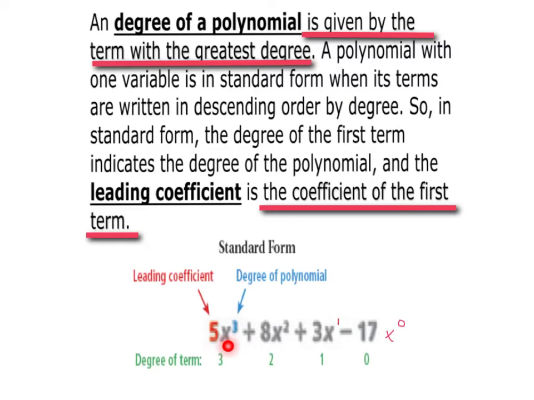So when I refer to the leading term, I'm talking about the term that's out front after you put it in descending order. Now, if you take a look at that term, the degree of that term is the degree of the polynomial. That's what I put right here. That is the degree of the polynomial. And the number in front of that term is called the leading coefficient. Okay, so make sure you get each of these definitions down in your notes.